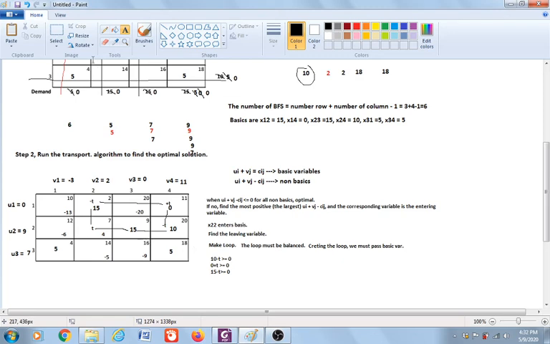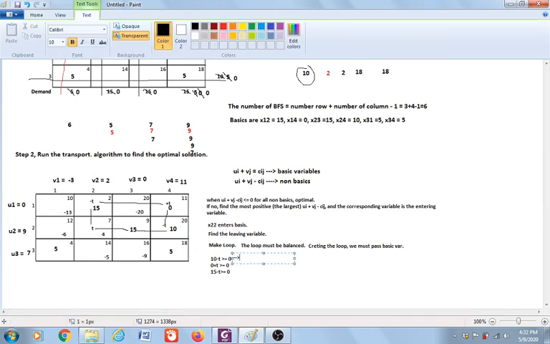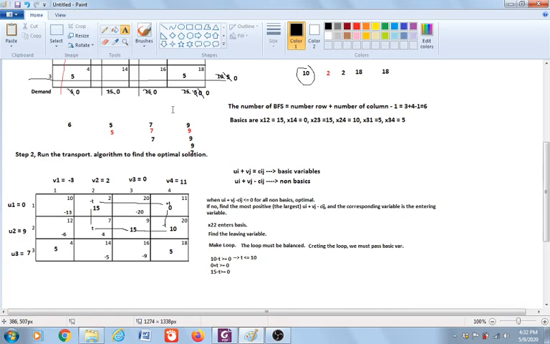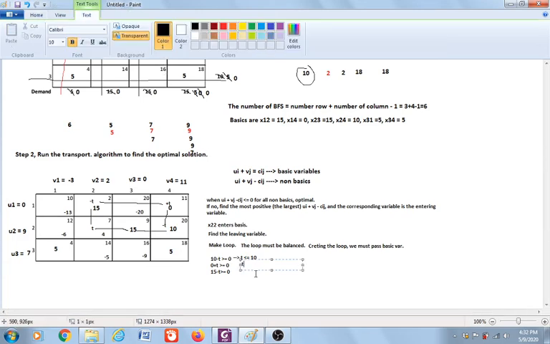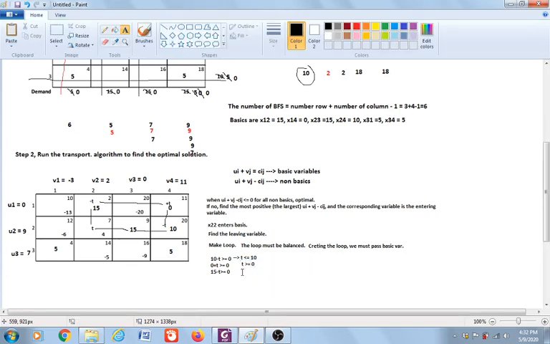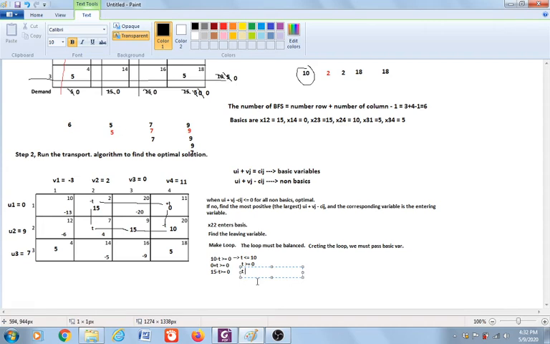From the first one, t is less than or equal to 10. From the second one, t is bigger than or equal to 0. And from the last one, t is less than or equal to 15.